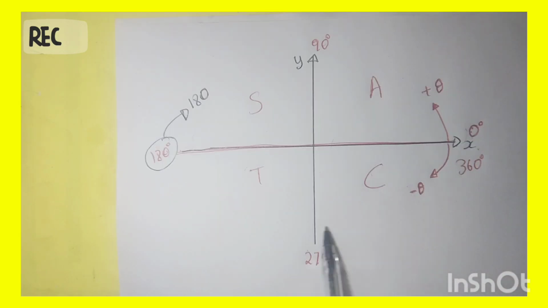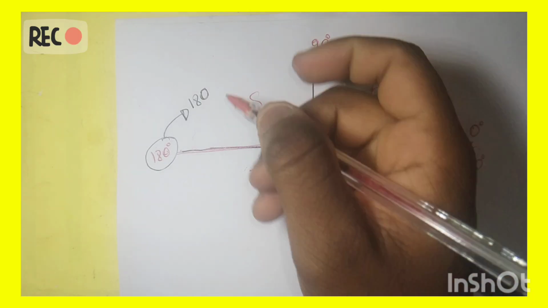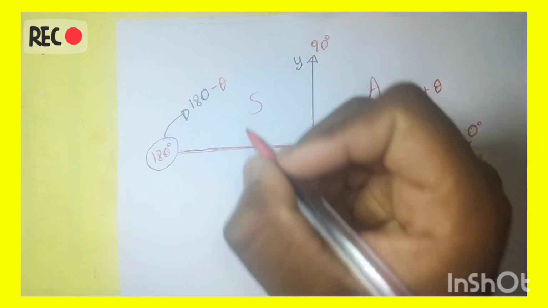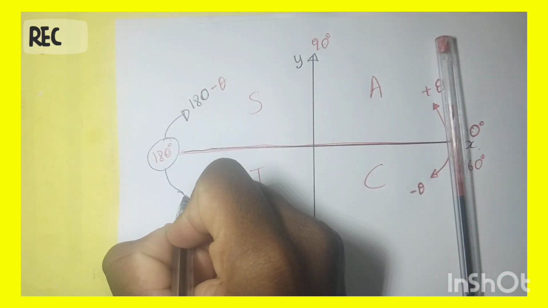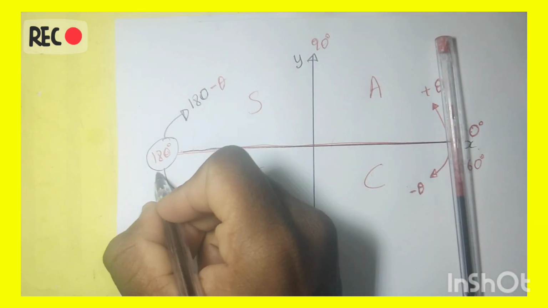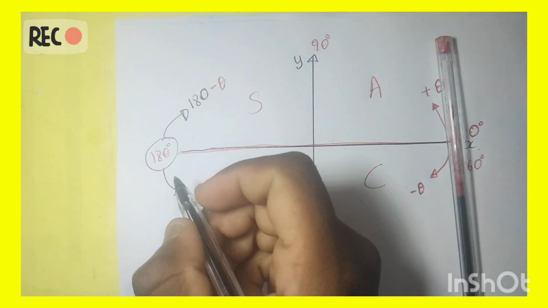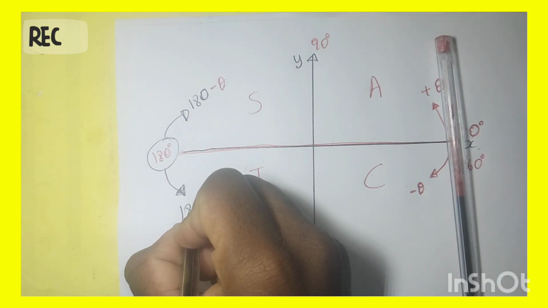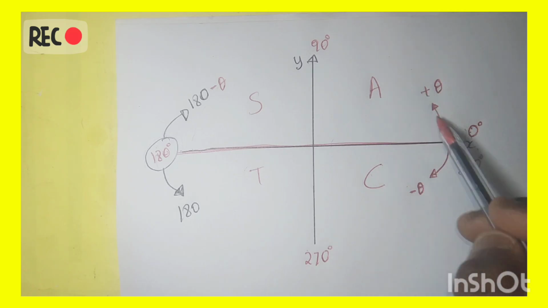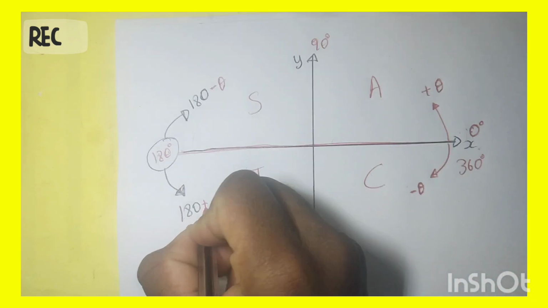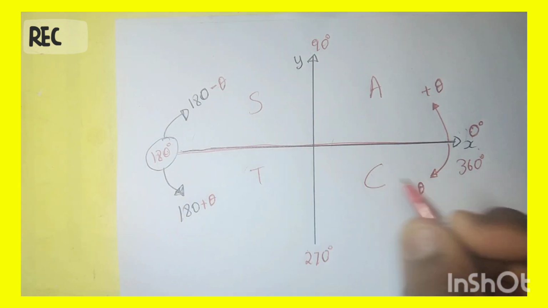If I'm moving clockwise, it means I'm moving with a negative angle. But if I am still on 180 and I move in the other direction, I'm moving anti-clockwise. When I move anti-clockwise, it means I'm moving with a positive angle.